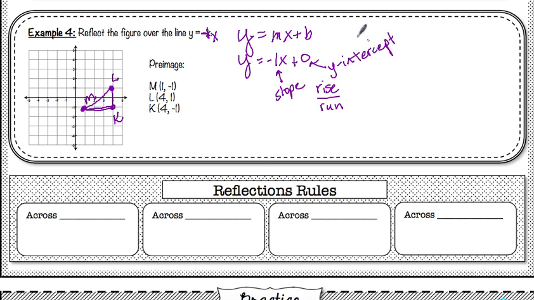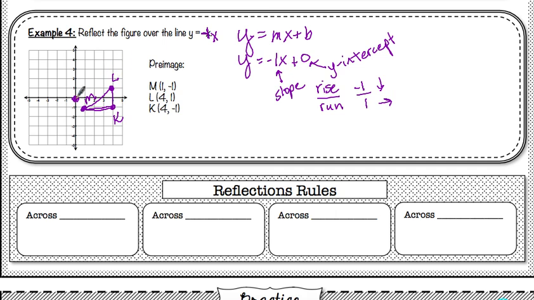So I'm going to go ahead and graph the y-intercept. It's 0. The whole point of what we're trying to do is figure out how I can graph this line so I can reflect the figure over it. Okay, and then the slope we said was negative 1, which is actually negative 1 over 1. So I'm going to fall 1 and go to the right 1.